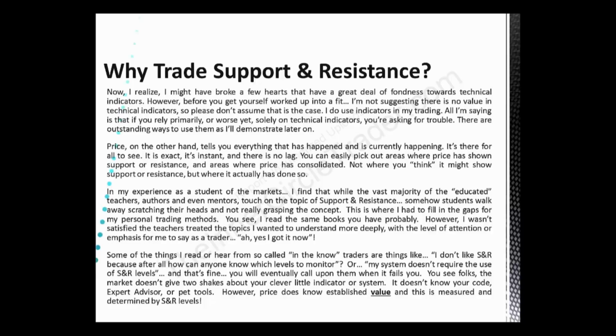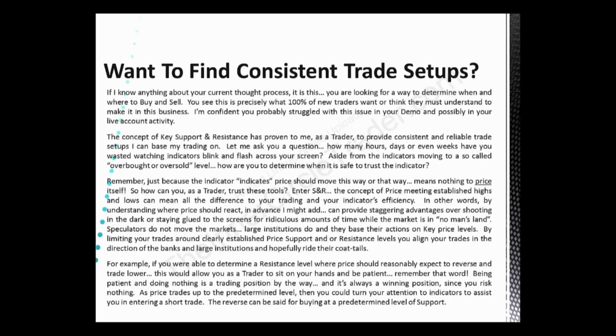So looking ahead, how can we develop a means of finding consistent trade setups? Well, like we talked about a short moment ago, when we look at support and resistance, we're looking at areas where we would anticipate a probable bounce or move in price.